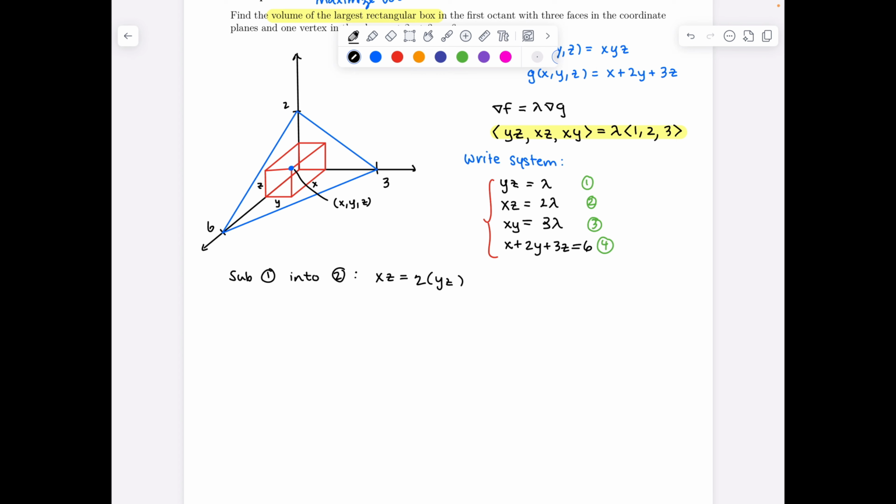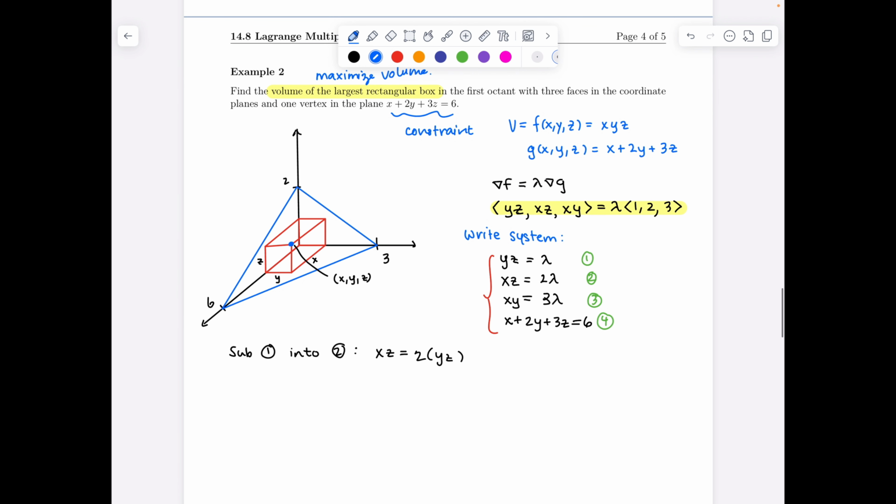Now, something to keep in mind here is that there are some hidden implicit constraints in our problem. We are talking about a box, and in order for this to truly be a box, we can't have any of its dimensions equal to 0. So all of x, y, and z have to be greater than 0.